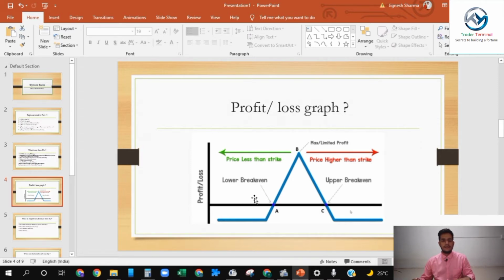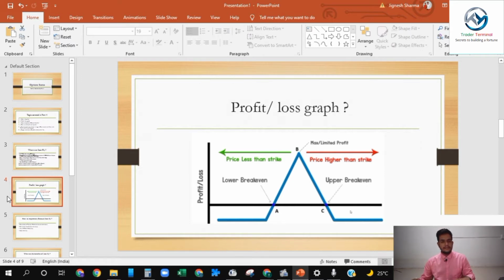And if the upper break even breaks, meaning price higher than the strike price, then here also our loss will start. If the Bank Nifty spot remains between A and C, then of course we are going to make profit. We will also discuss this graph practically in the Ostra option platform.